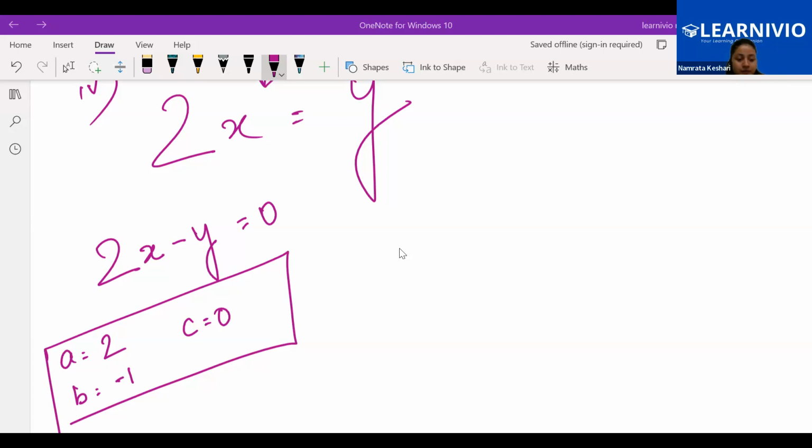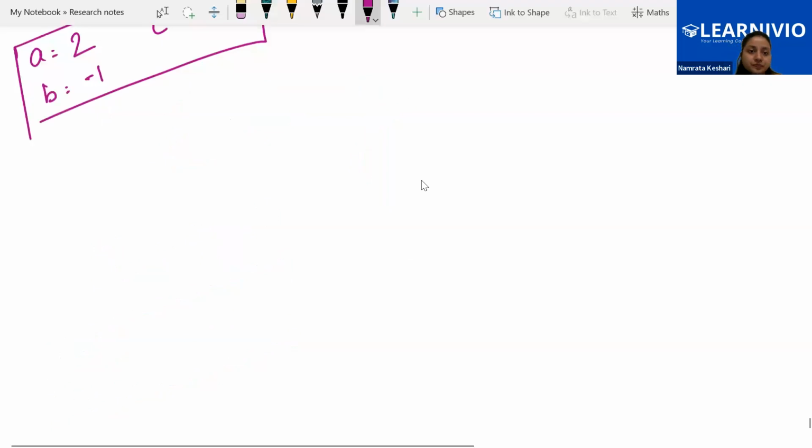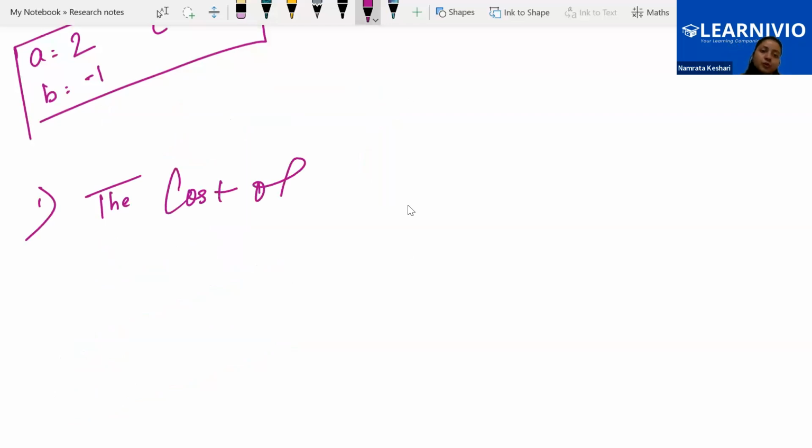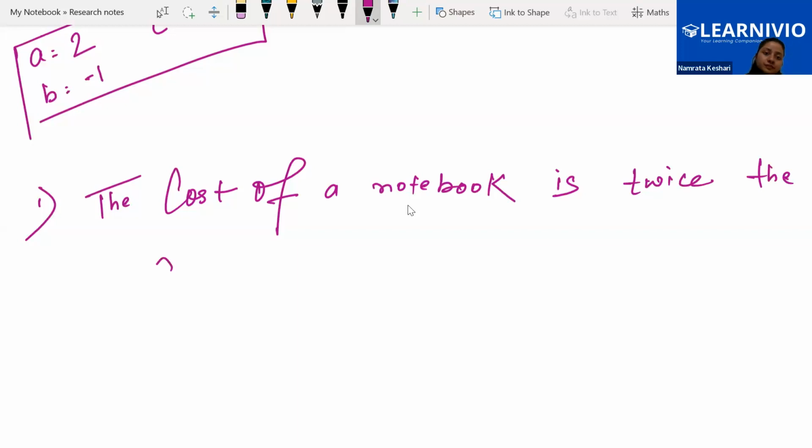Okay. Now, if we will be having this type of word problem: the cost of a notebook is twice the cost of a pen.